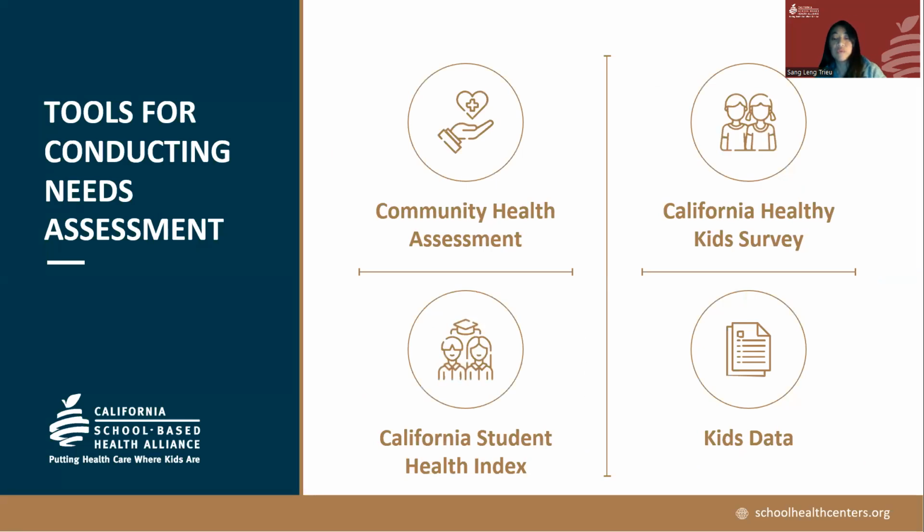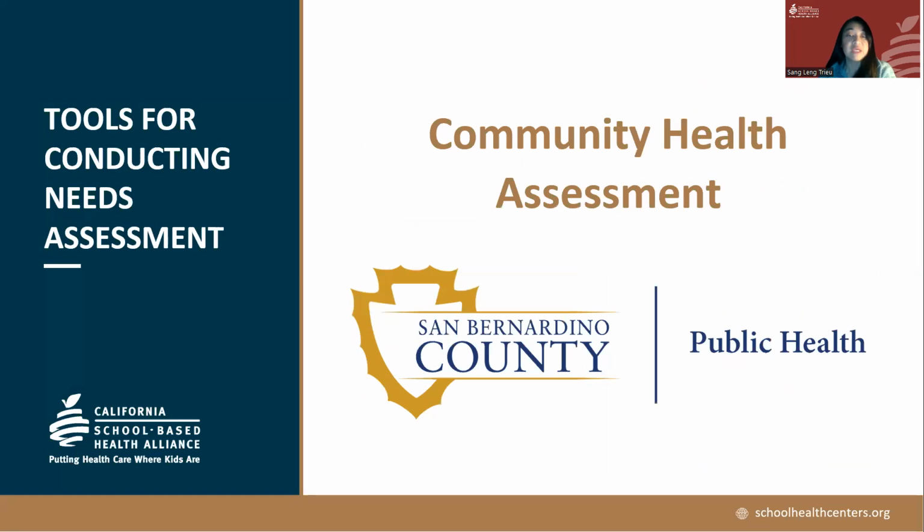I want to go over a few tools, not in much detail, but just to give you a sense of how you can use some of these in your own assessment. We'll start with a community health assessment. Every county's public health department will be able to share a community health assessment, which usually takes place every 2, 3, or 4 years.